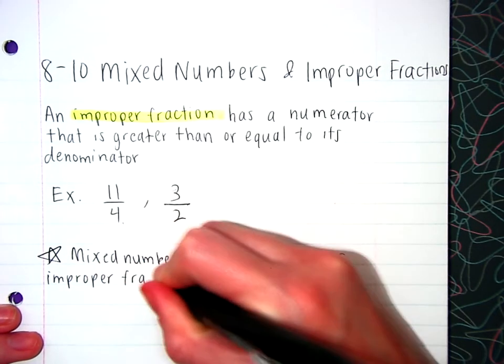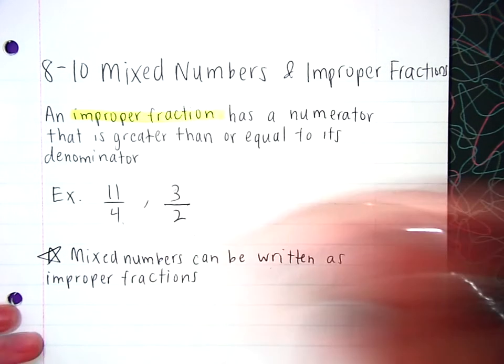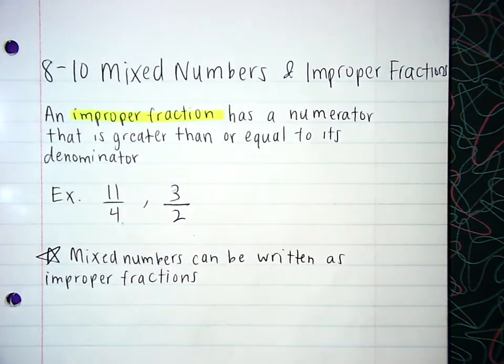Depending on the instructions, some things might ask you to write a mixed number as an improper fraction for the model, or some might ask you to put this mixed number into an improper fraction.